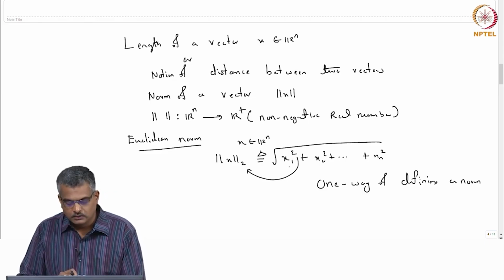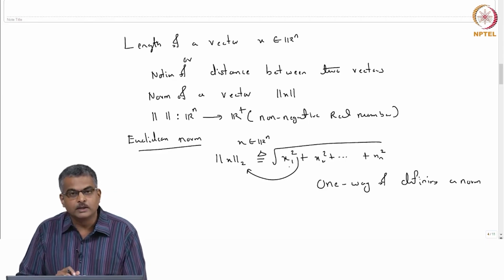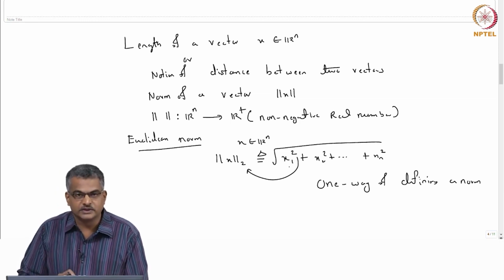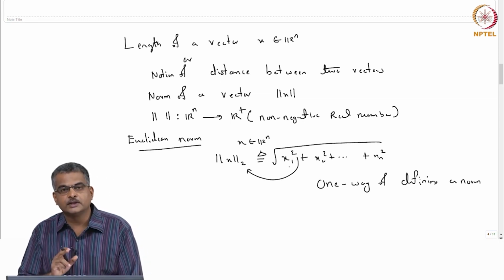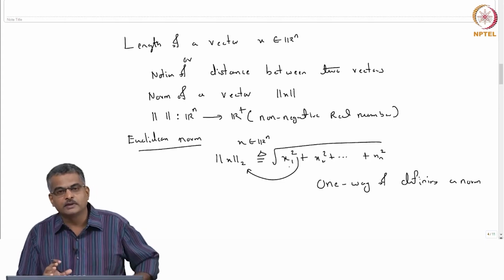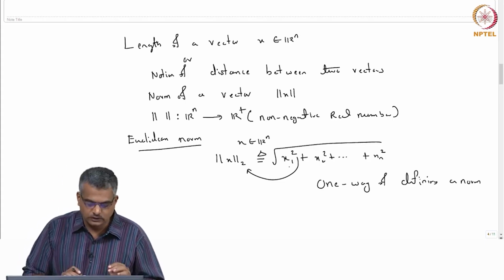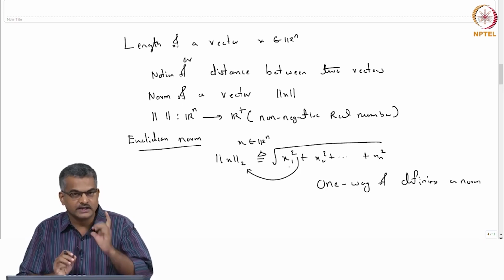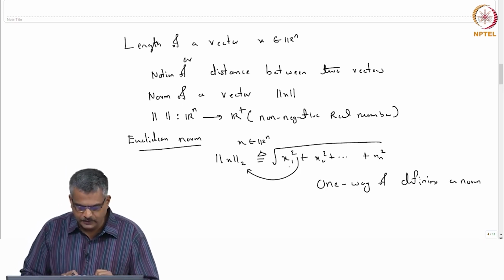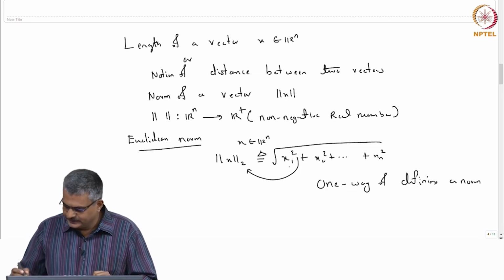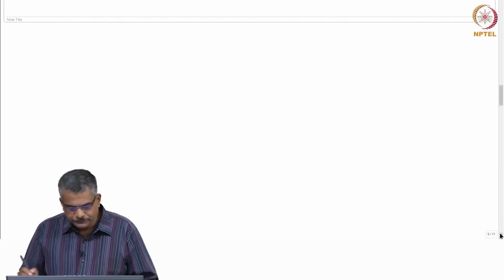However, whatever norm we come up with, it should satisfy certain properties, which should be consistent with the idea that the norm captures the notion of distance between 2 points or the length of a vector. So, let us see the properties of the norm.